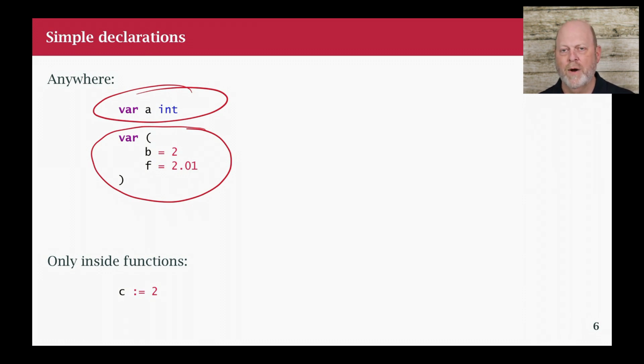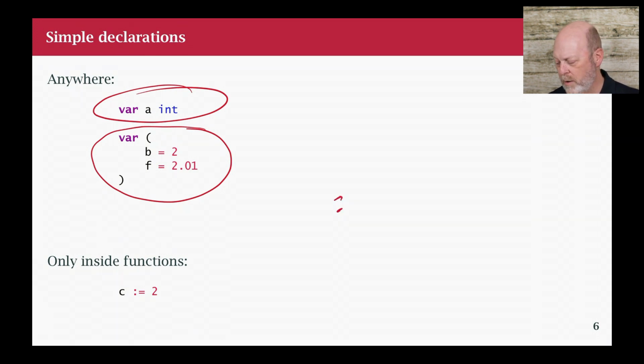So when I declare these variables, they have types at the point of declaration, because either I gave them a type explicitly, or I gave them a type implicitly because of the value that I used to initialize the variable. Now, there's another thing going on, and you've seen this a few times, and you're going to see a lot of it. Within a function, and only within a function, there's something called the short declaration operator.